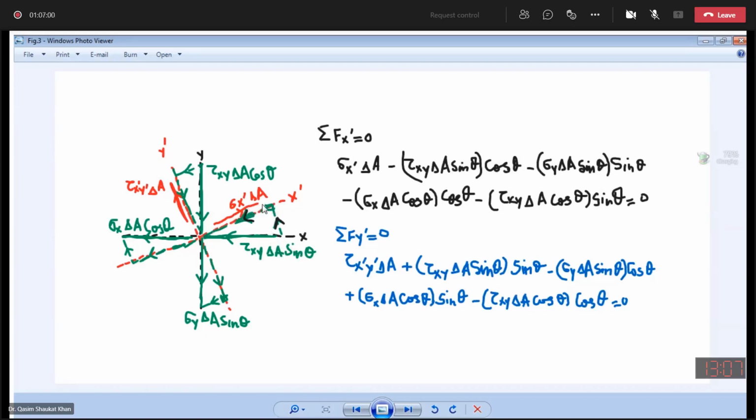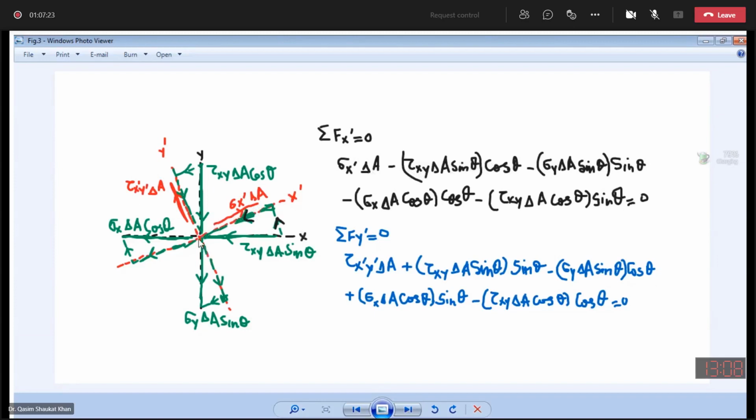This is your base, so this component is tau xy delta a sin theta into cos theta, and this arrow is pointing towards negative x dash axis, so this will be minus tau xy delta a sin theta into cos theta.